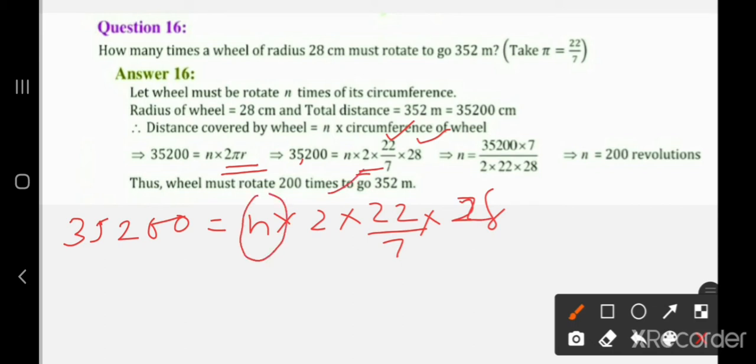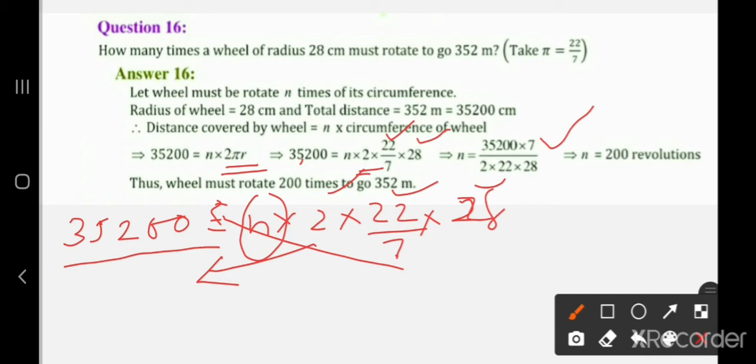So 2, 22 and 28 go down to the denominator, and 7 goes to the numerator. That is what is written here: 35,200 into 7 divided by 2 into 22 into 28.